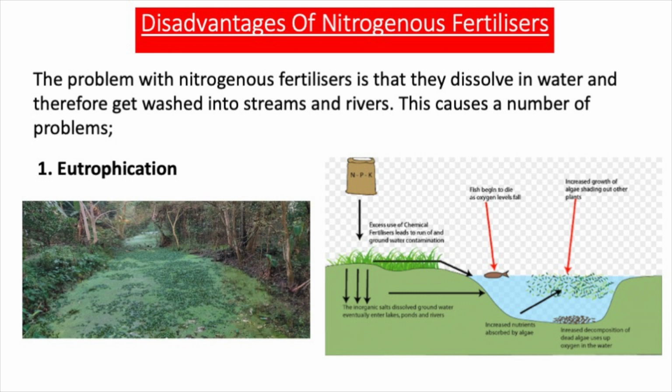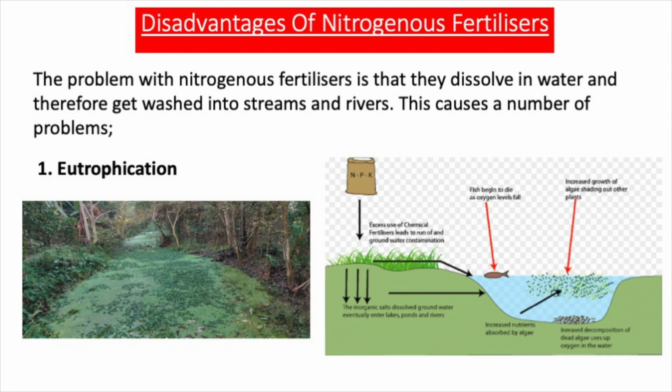You can see the algal bloom here in the picture on the left because it's this green covering on the stream. This algal bloom prevents light getting to the lower plants, and the result of this is that the lower plants can't photosynthesize and they die, and the algae itself will use up all the nutrients and they will die as well.